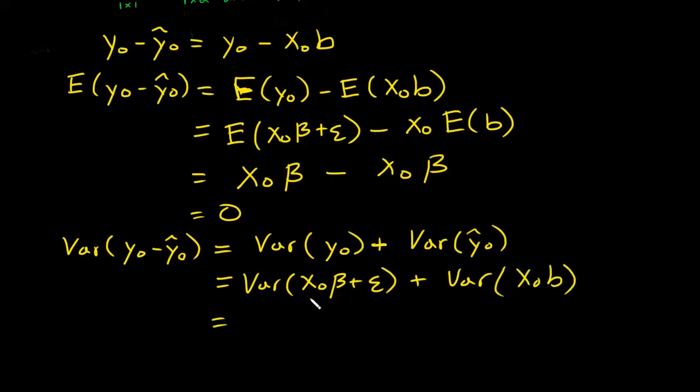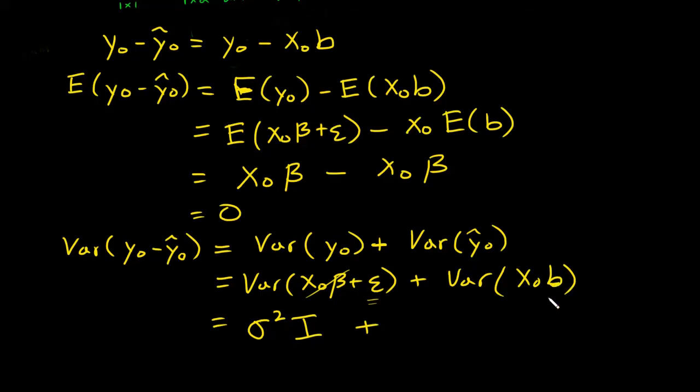The variance of the first piece's constant term is 0, so it zeroes out, and I'm left with just the variance of epsilon, which according to our model assumption is sigma squared times I. Then over here I have a constant times a random vector.